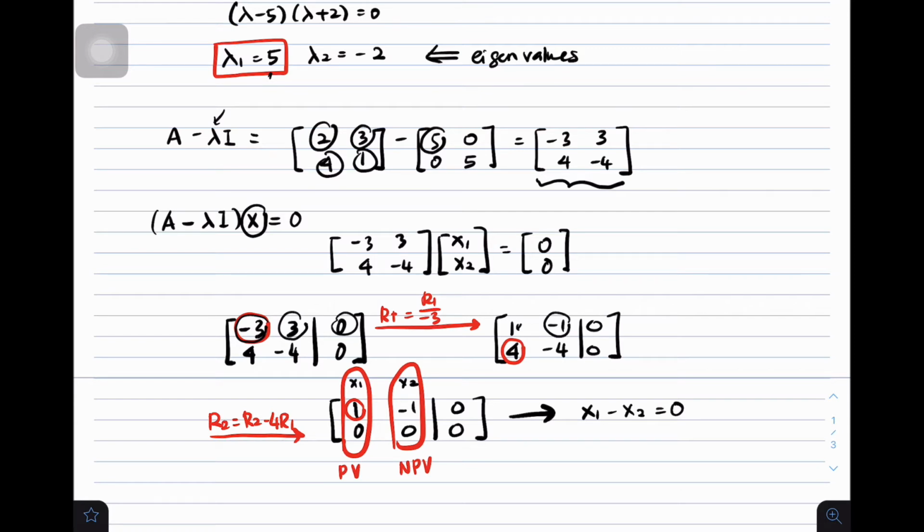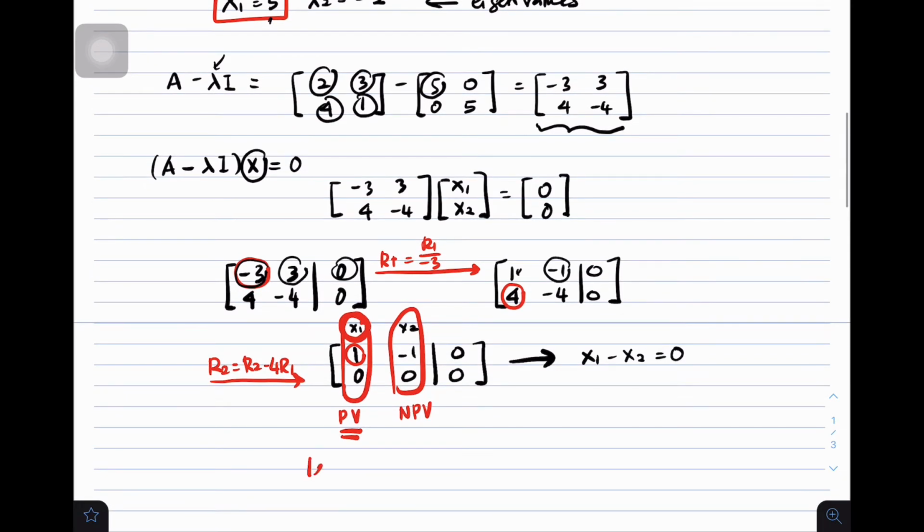So this column we call the non-pivot column. Okay. So the variable that belongs to the pivot column, we call it the leading variable. So we have our leading variable x1. And the variable that belongs to the non-pivot column, we call it the free variable. This one we have learned before.